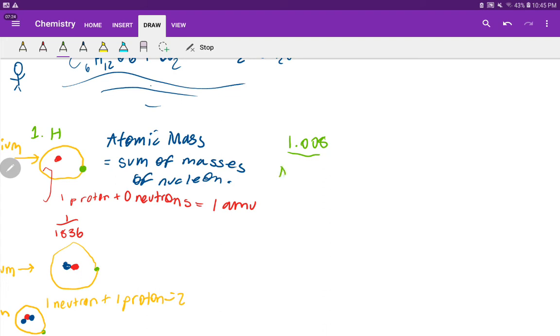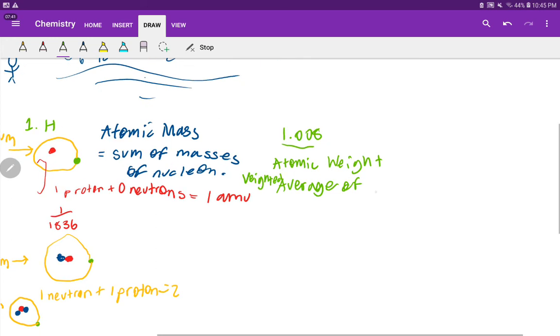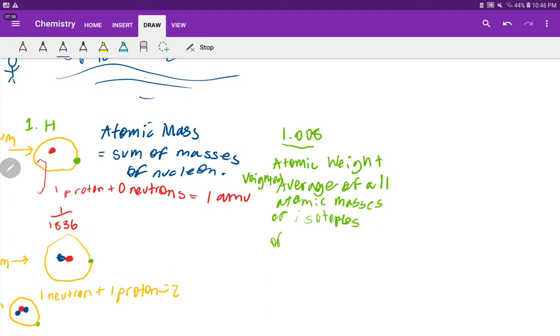The atomic weight here is the average of all masses. It's the weighted average, not just the average, of all atomic masses of isotopes of an element.